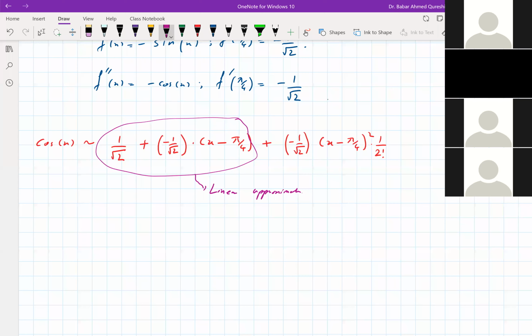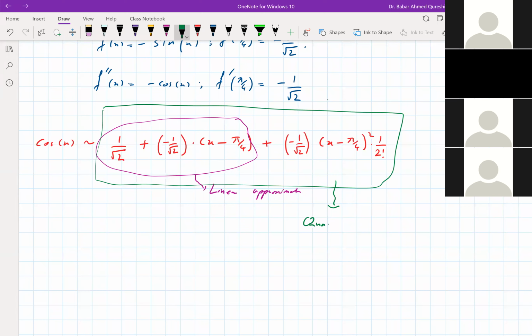And if you include all of these, this is quadratic approximation. You do not miss this piece. When you are writing the quadratic, you include the next term, the square term, but you do not leave the previous terms which you already had over there.